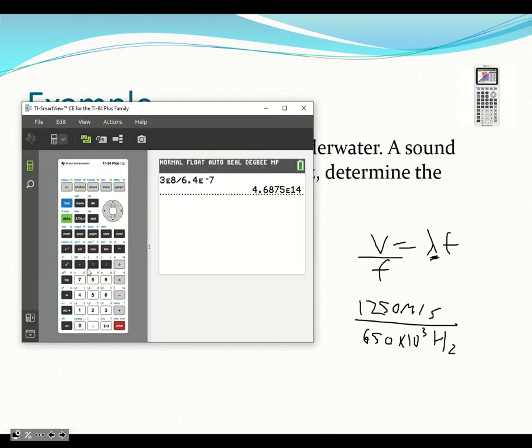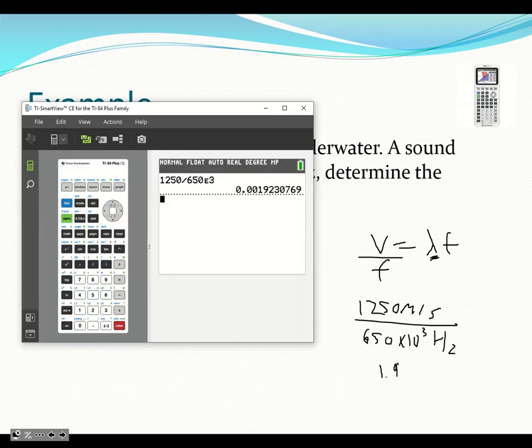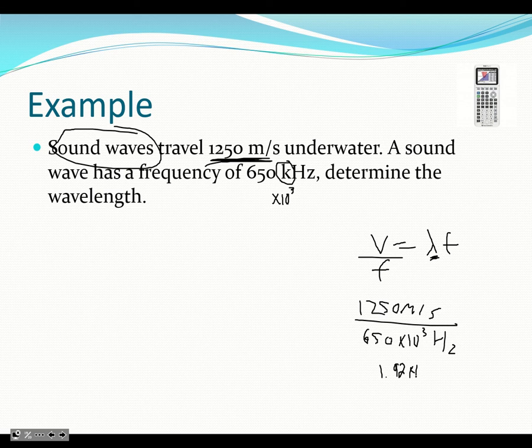So if we plug this in, speed of 1250 divided by 650 times 10 to the 3, we end up getting our wavelength to be 1.92 times 10 to the negative 3 meters.